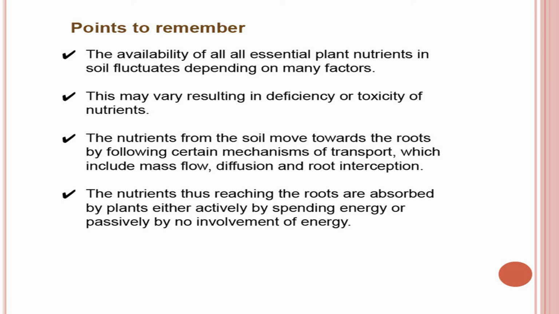The nutrients from the soil move towards the root by following certain mechanisms of transport, which include mass flow, diffusion and root interception. We have very clearly understood in this lecture how interception is helping roots to access the nutrients. They directly access nutrients either from soil solution or from colloids or exchangeable sites.